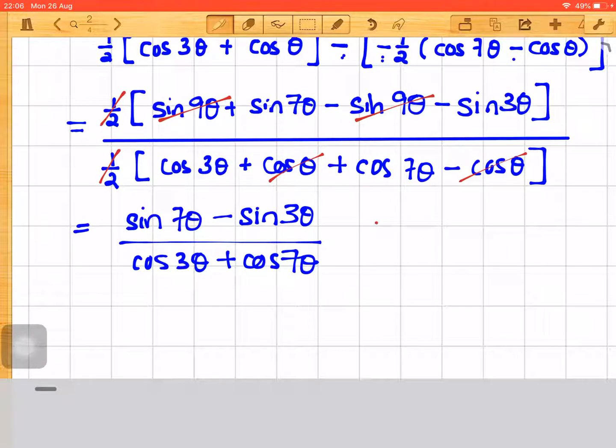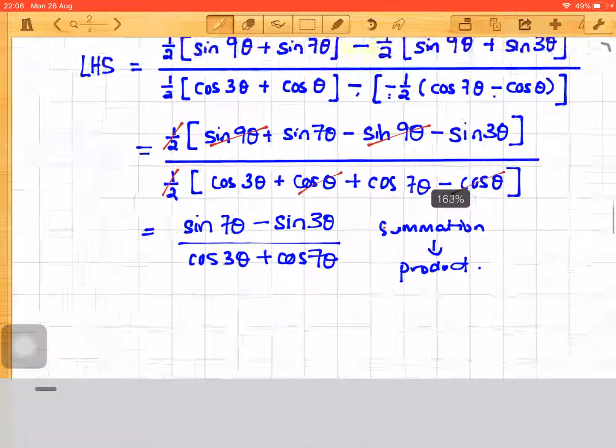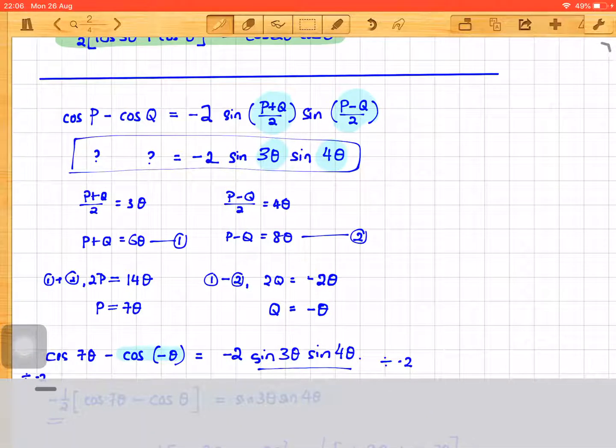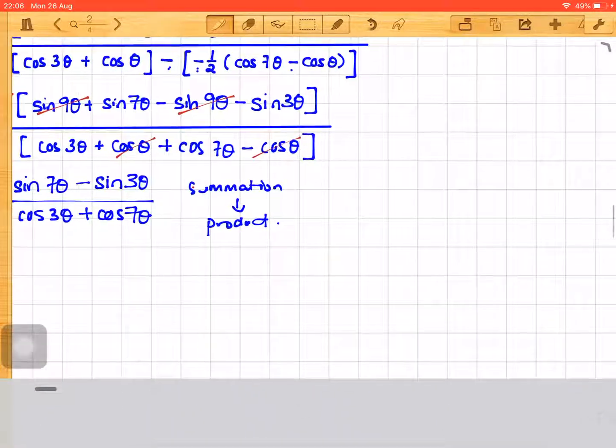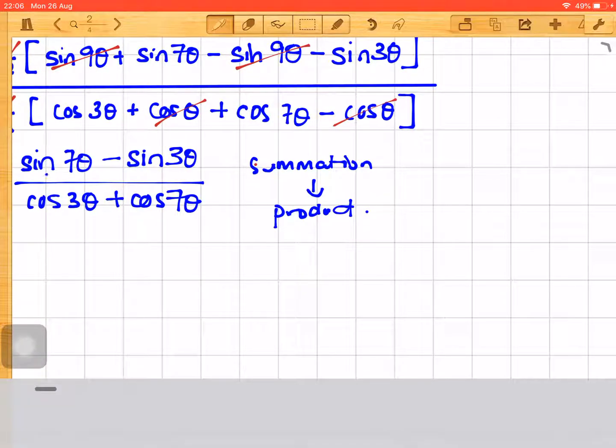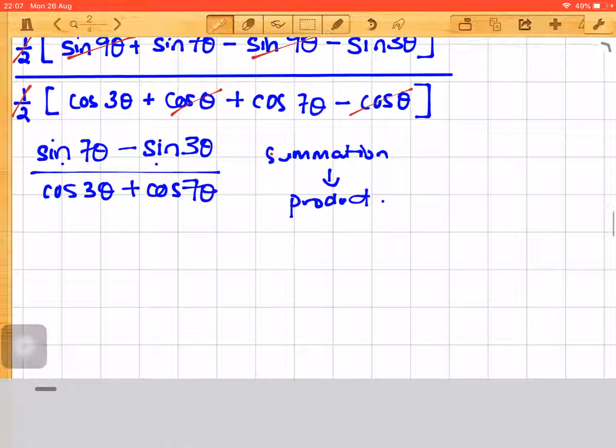But this is not enough to prove what we want. So from here, we have to change this summation form into product form. So it's a bit similar to what you did just now, but this is from product form into summation form. So you just have to do another form. So this sine, you can use the formula. I'll write it here for you.